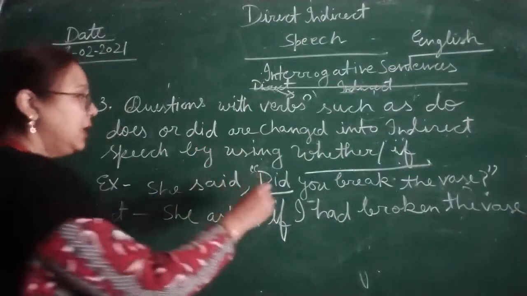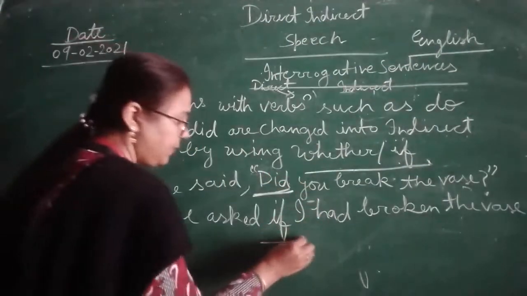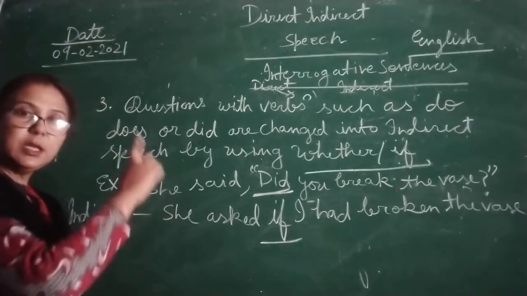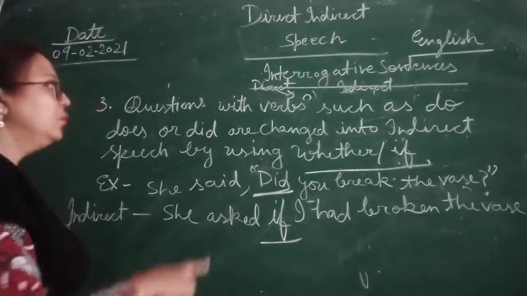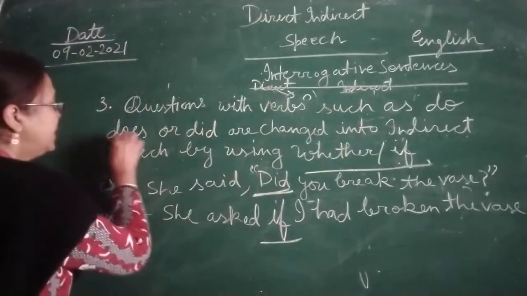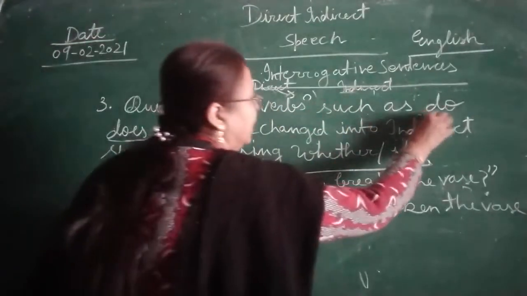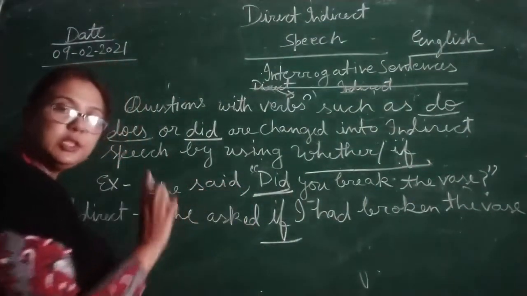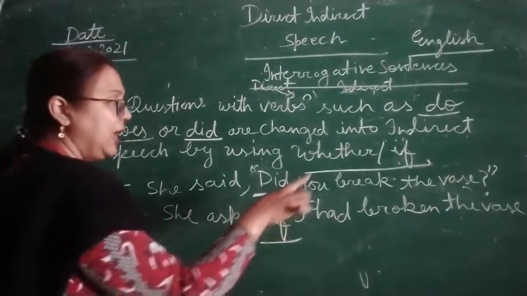In place of did, we have used if in indirect speech. Okay children, this is a very important rule. You have to learn questions with verbs such as do, does and did. If it is written do or does or did, you will change it into if and whether.